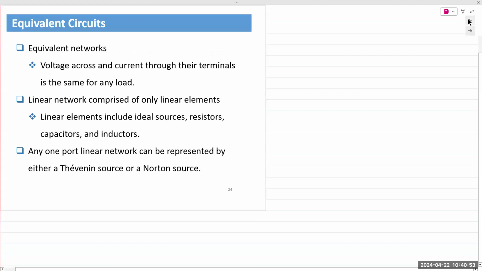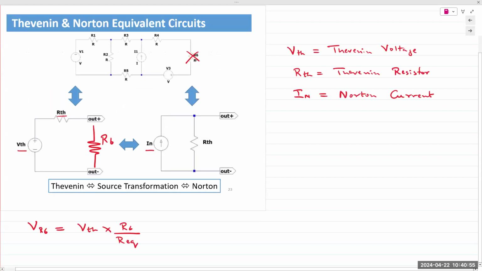Case in point was this example where I said, if we wish to find a particular value for R6, we remove R6 from our analysis and analyze the rest of the circuit without R6. When you remove R6, it leaves behind open terminals, and you analyze the circuit between those open terminals. Does that make sense to everyone? So that is the first and most important step.